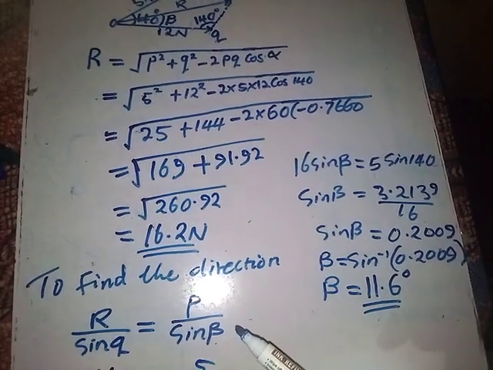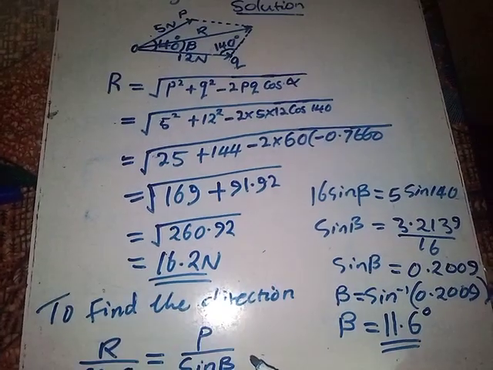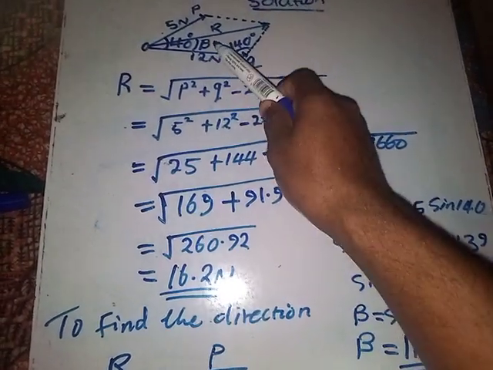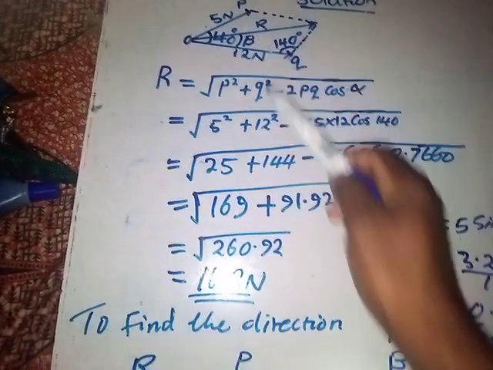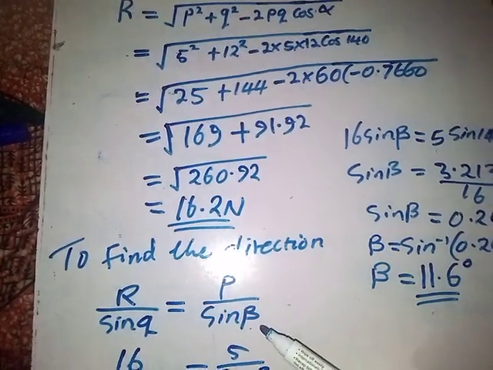Sorry about that, all divided by sine beta. And beta is this angle, which is the direction of the resultant force, and that is what we are looking for.